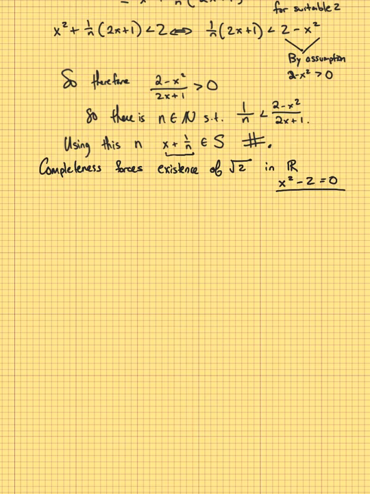So, in fact, of course, as we've seen, since Q is countable and R isn't, R minus Q, the irrationals, are uncountable. So most numbers are irrational, like the square root of 2.